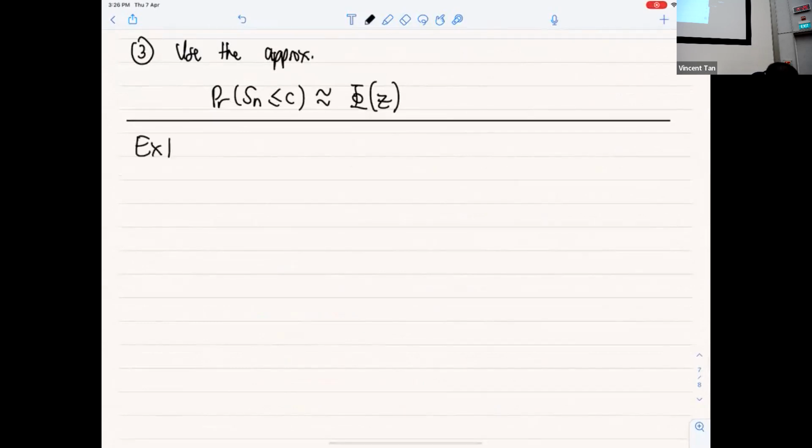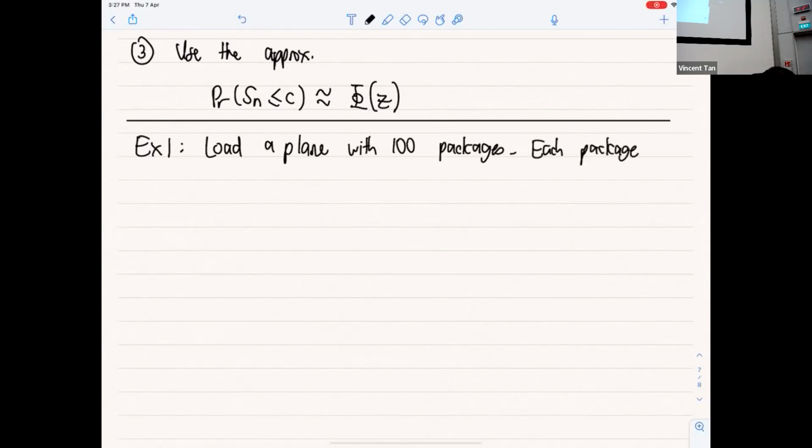Example 1. Okay. So we are going to load a plane with 100 packages, and each package is of weight xi, uniform from 5 kg to 50 kg.